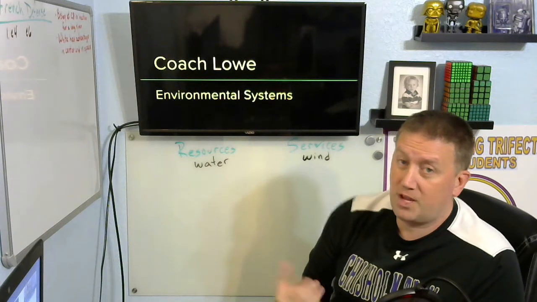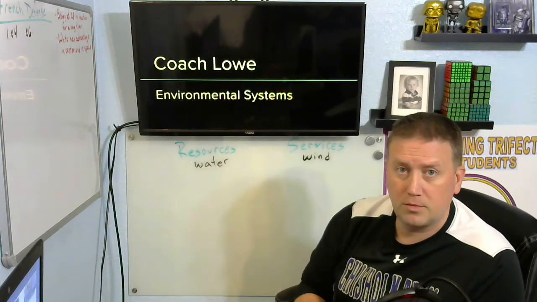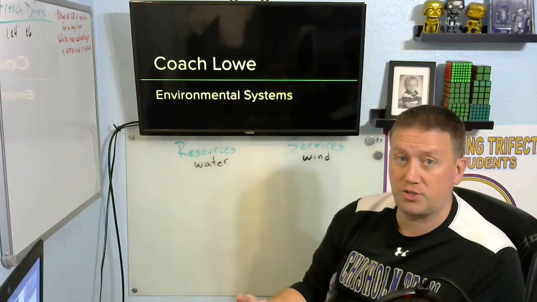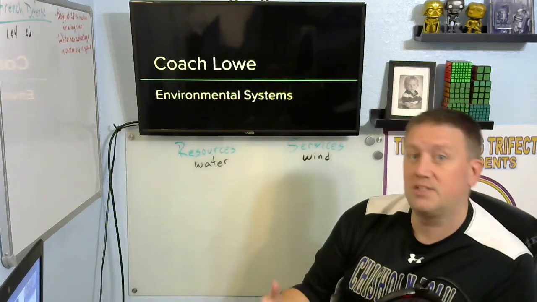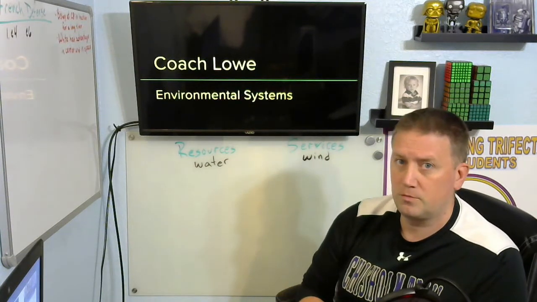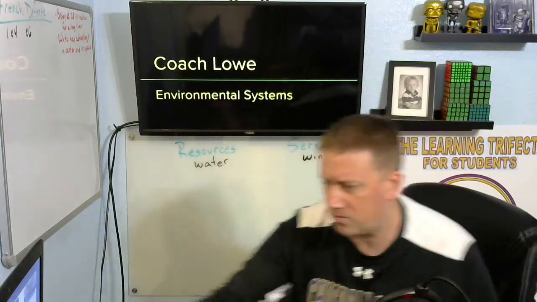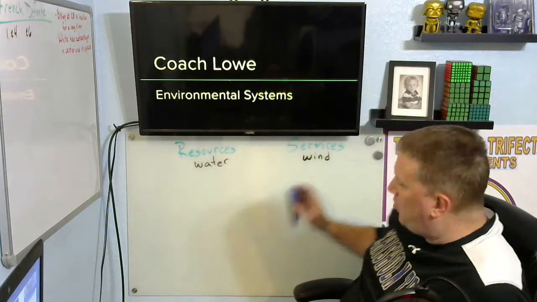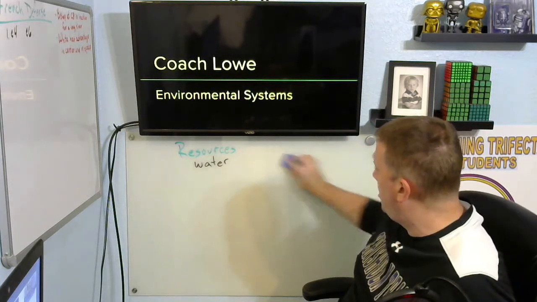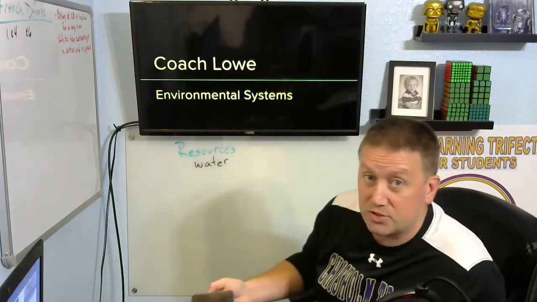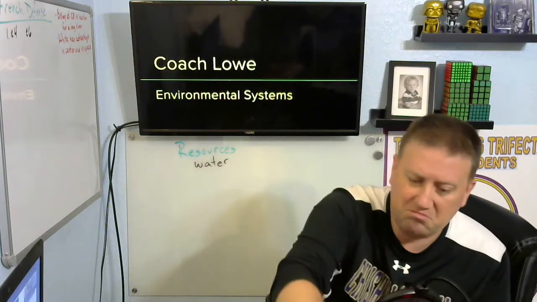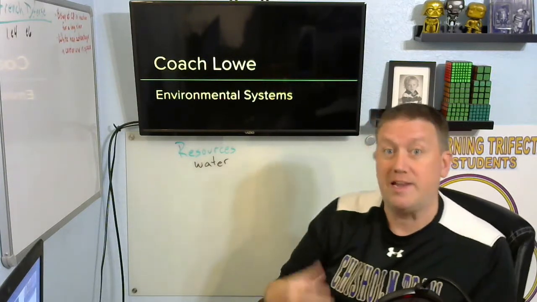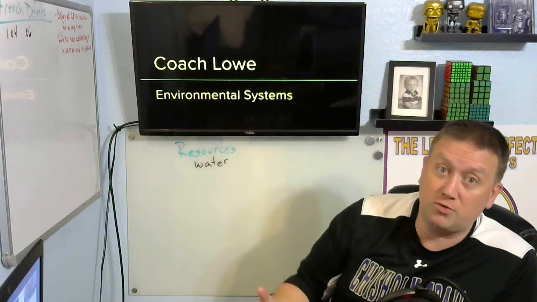And that's electricity. So we're using a natural service to produce something that we use. Now, as far as natural services, at this point, that's all that you need to know. There are processes in nature that we use for our benefit.